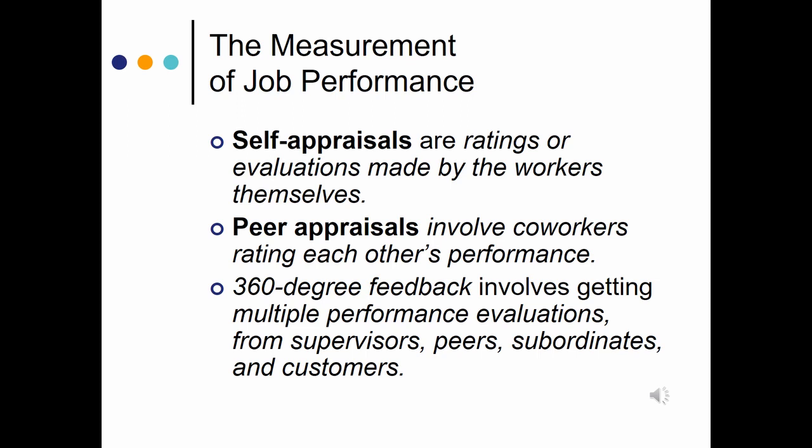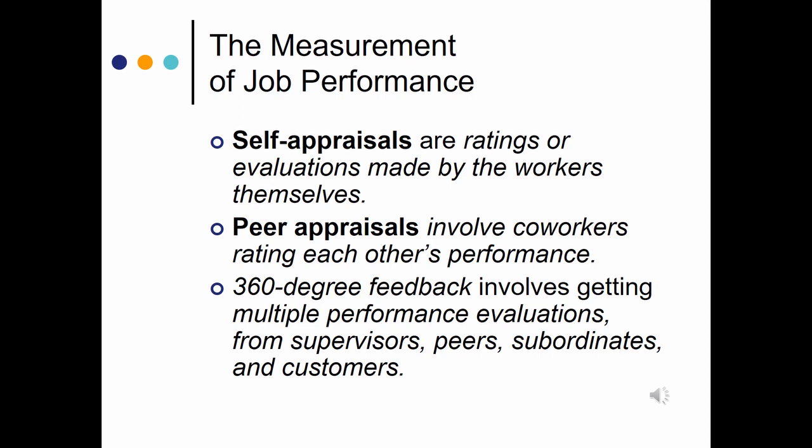And the second one is peer appraisals. For peer appraisals, or what we call peer assessment, members of a group appraise the performance of their fellows. So it involves co-workers rating each other's performance.